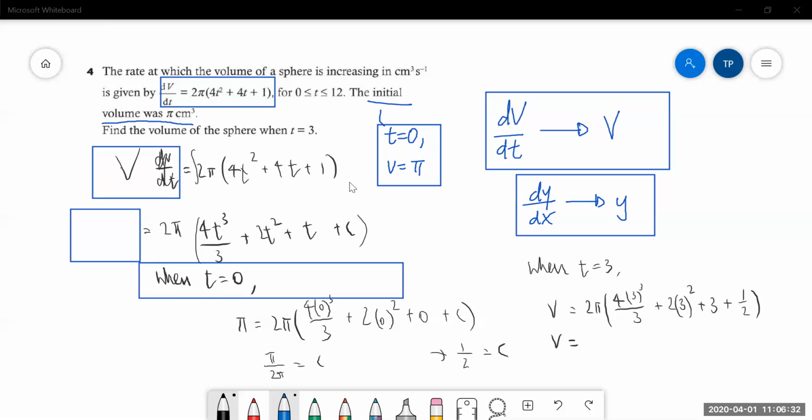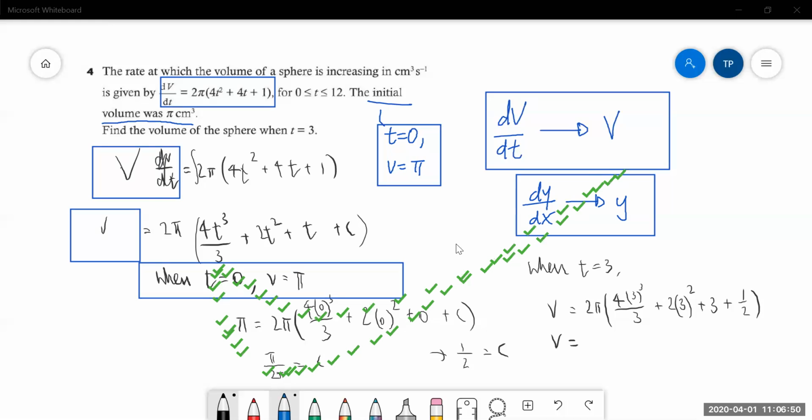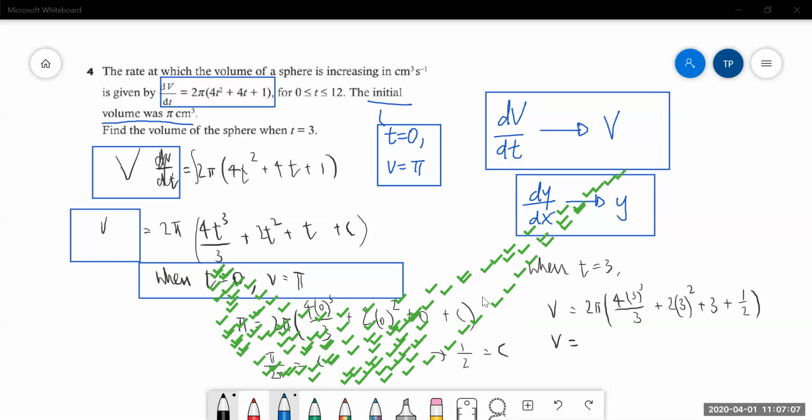Why when T is 0, V is 5? There's nothing in this one. Here, I should put the V. Very nice. Okay. Let's move on.